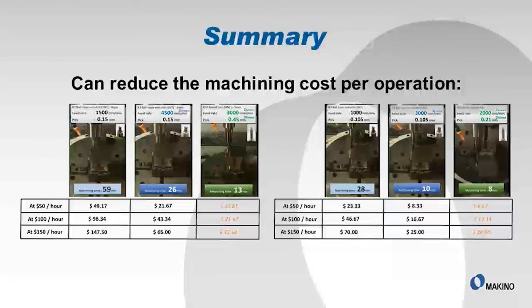Take for example $100 an hour: a part traditionally would be $98. With the 5XC approach, we're down to $21.67, and the second part, $46.67, we cut down to $13.34. So obviously there are significant reductions in the operation cost, or cost per piece.